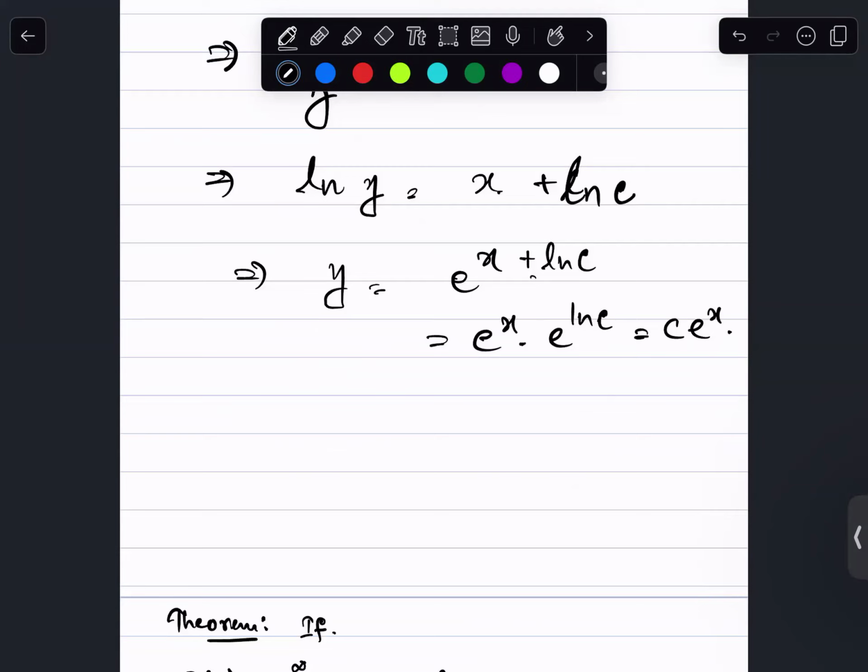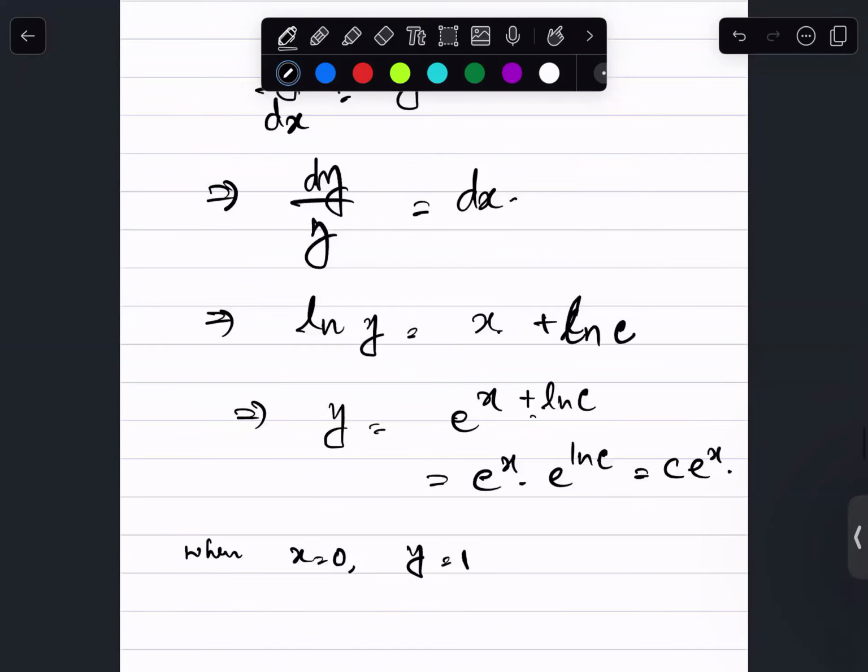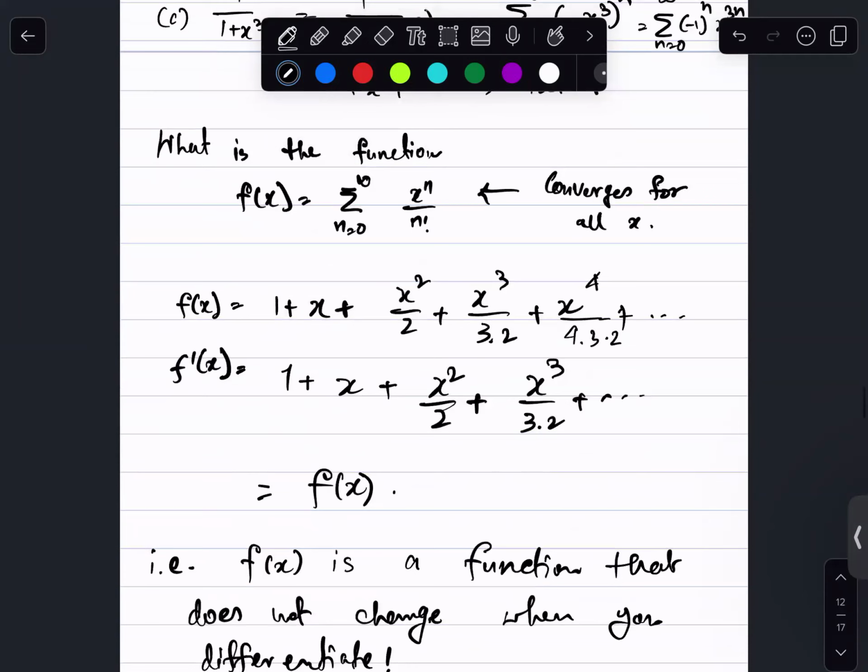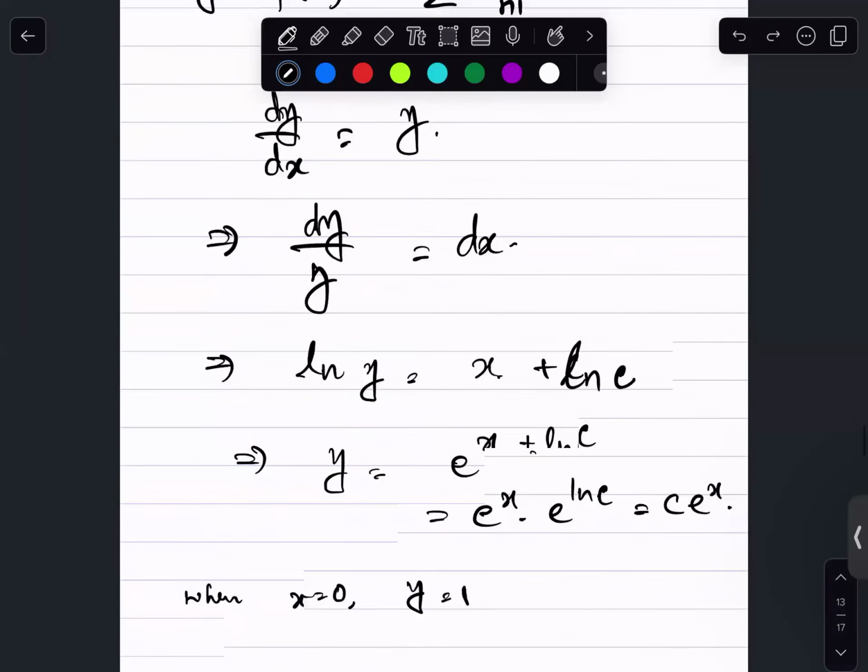And also I know that when x equals 0, my y is equal to 1, right? From the given power series, if I choose x to be 0, then all of the terms from the second term on will be 0, and I'll be left with 1.